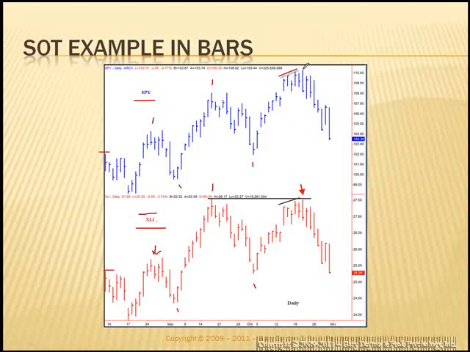Now look what happens. In the overall market, in the parent market, we make a new high, a higher high here. Okay? But here we don't. In the sector, we just test this high. This indicates on its own what we call comparative weakness.